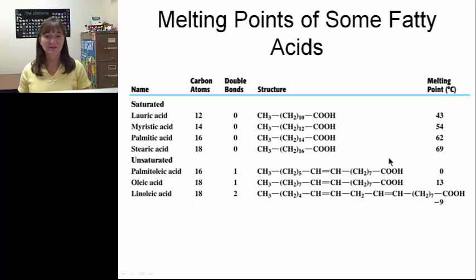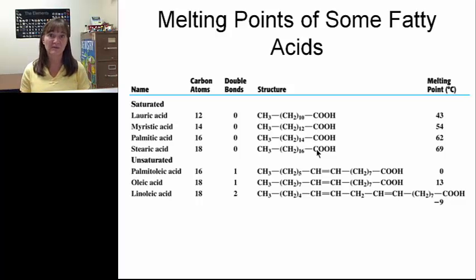Another thing I want you to know is the difference between the amount of carbons. If we just look at my saturated fatty acids, so we're holding that variable constant, what we change is the number of carbons. Hopefully you remember this from organic chemistry, but the more carbons you add on, the higher the melting point is going to be.